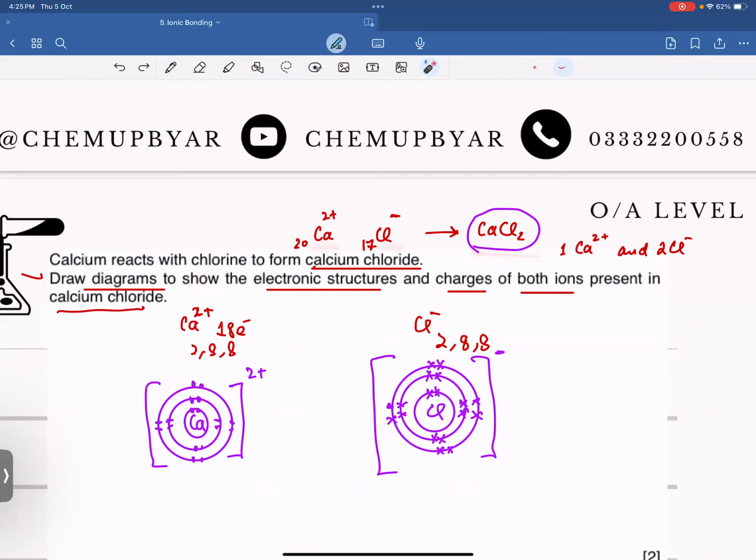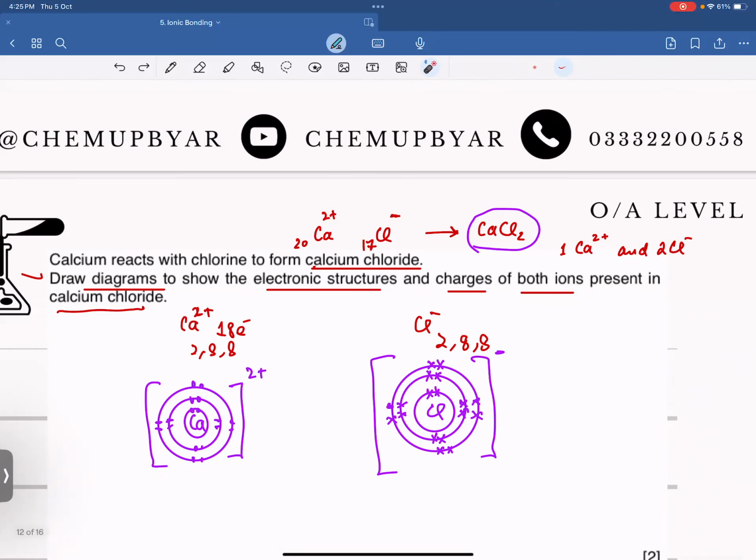It indicates there is 1 calcium ion, and how many chloride ions? 2. But we show only 1 chloride ion. Why? Because the instruction says the electronic structure and charges of both the ions, so we need to draw one diagram for each ion. And that's what we did.